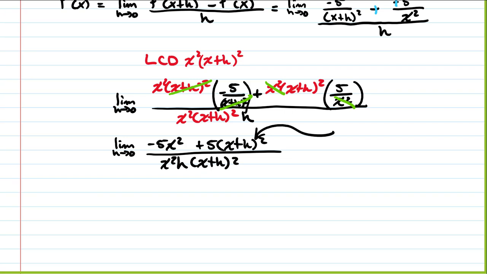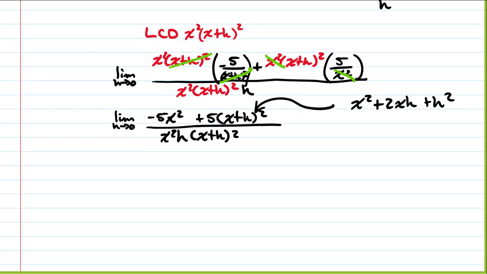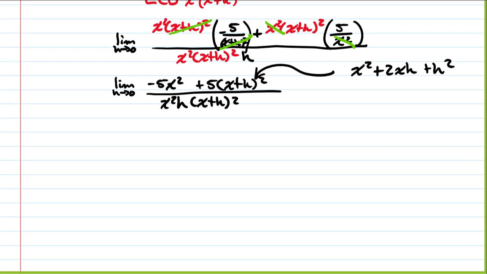So x plus h squared is x squared plus 2xh plus h squared, because it's the square of a binomial. If you just write out x plus h times x plus h in FOIL, that's indeed what you'll get. So we take that and we distribute our 5 into it. And we get negative 5x squared.